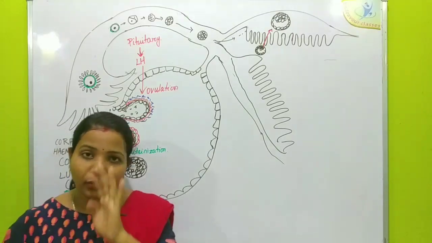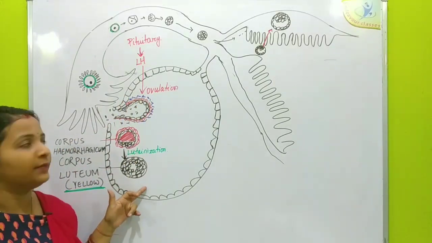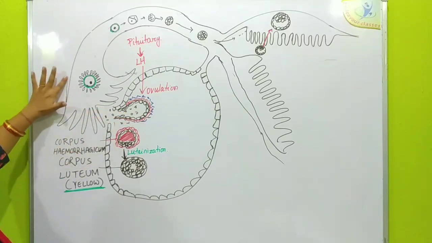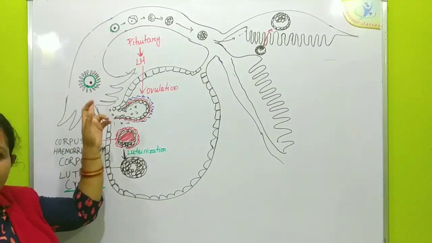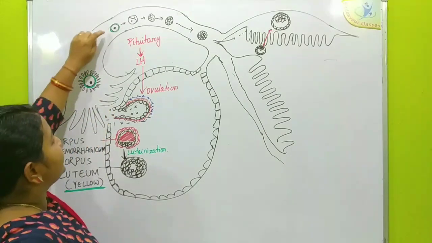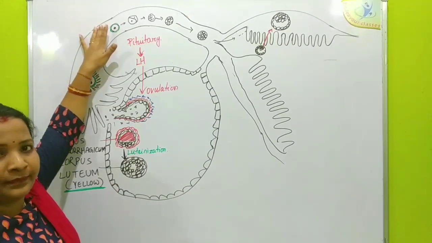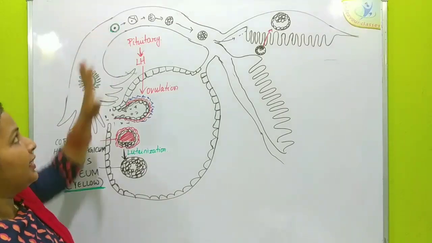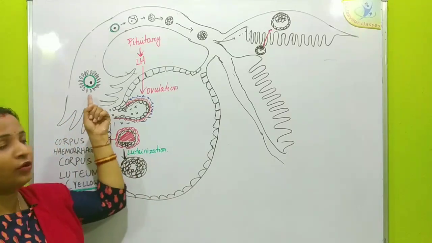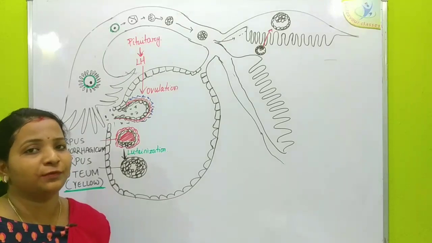Because after ovulation, simultaneously when the corpus luteum is forming, what is happening inside the fallopian tube? Soon after the secondary oocyte is released into the fallopian tube, with the help of cilia it reaches the ampulla and waits for the male gametes, or sperms, to come. The lifespan of the secondary oocyte is 24 hours.